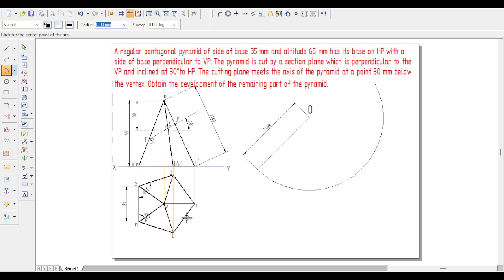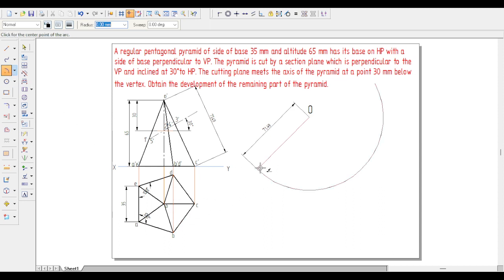When this pentagonal pyramid is unfolded, flattened, we can see it in this fashion. Here we are going to cut this arc into 5 sections, reproducing the 5 sides. As we can see, the pentagon has 5 sides of 35 mm. So let's do that first.